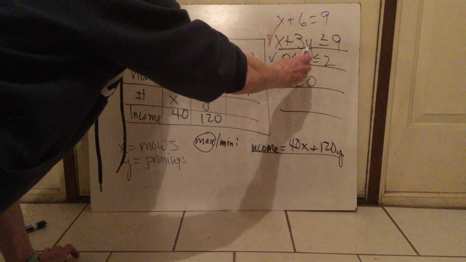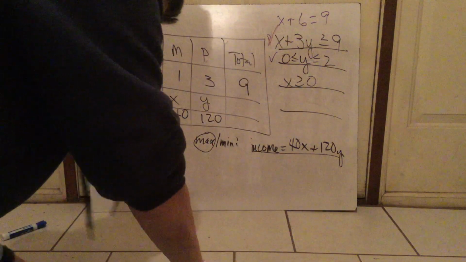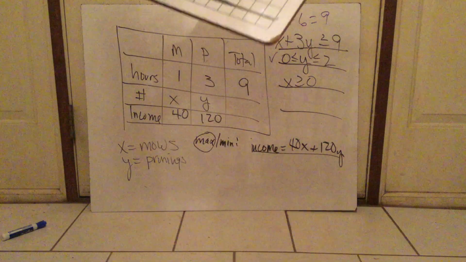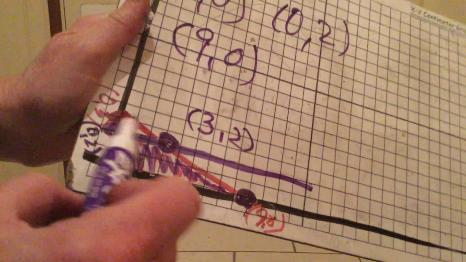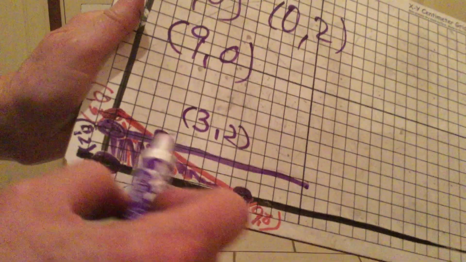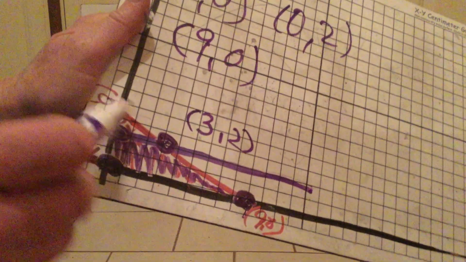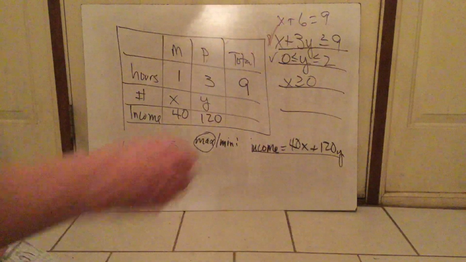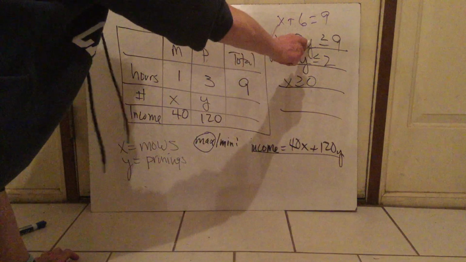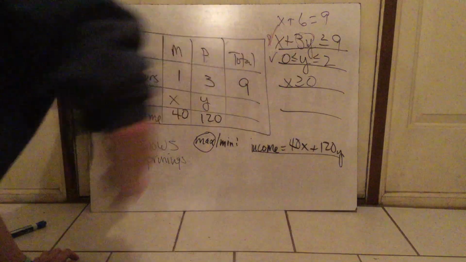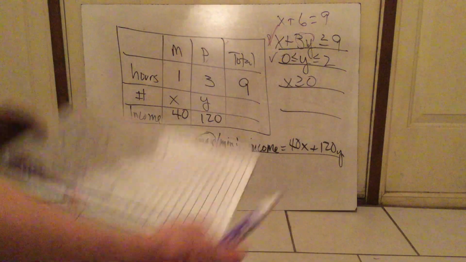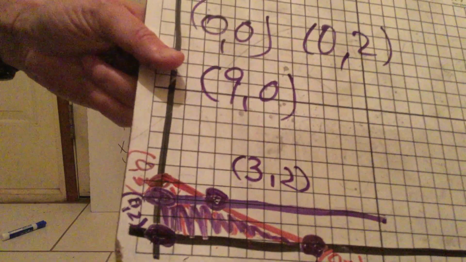Y is 2, so x would have to be 3. So that's the point 3, 2, because y has to be 2. On the red line, which is this equation, if y is 2, then this makes 6, and x has to be 3. So that's why that is the point 3, 2.